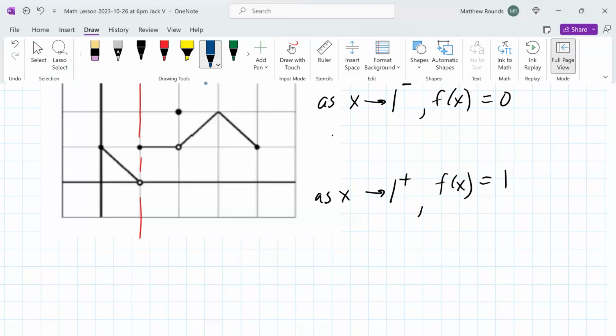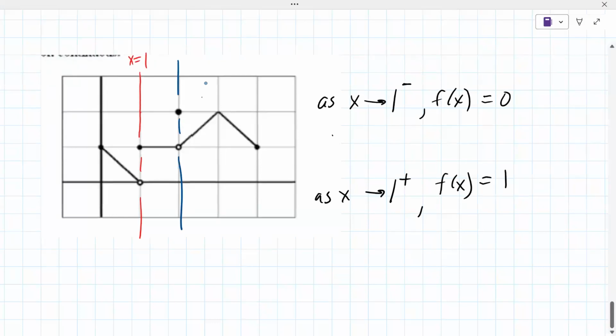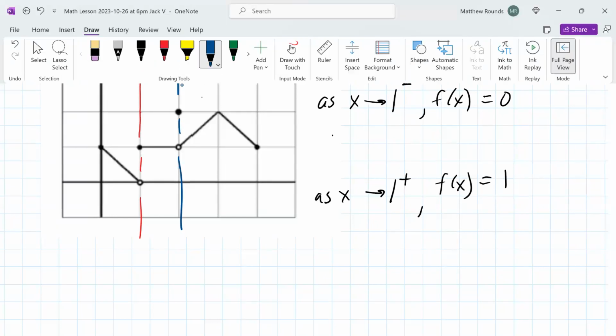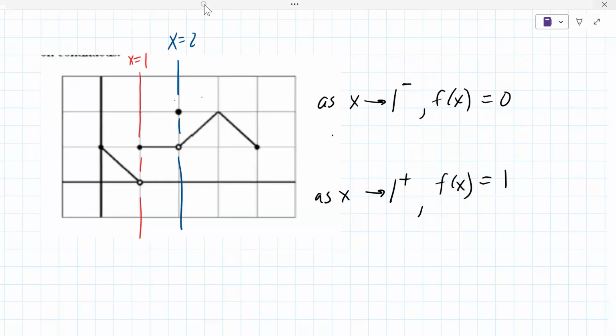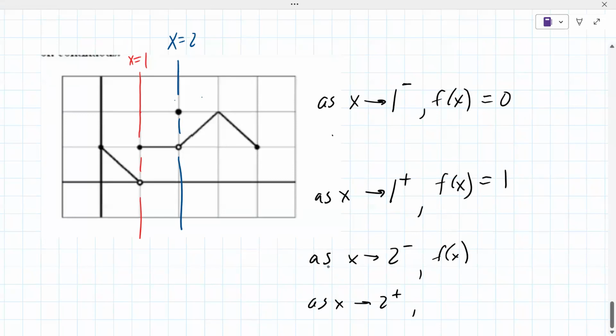Now we're going to do it at 2. As x approaches 2 from the left, as x approaches 2 from the right, what does f of x approach? It's kind of weird, so ignore this dot.